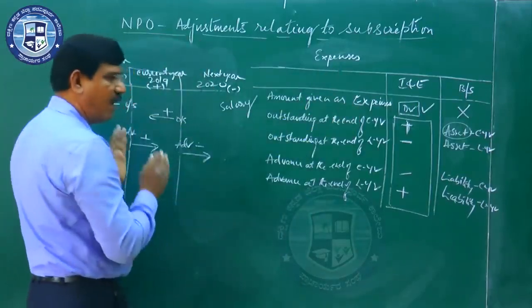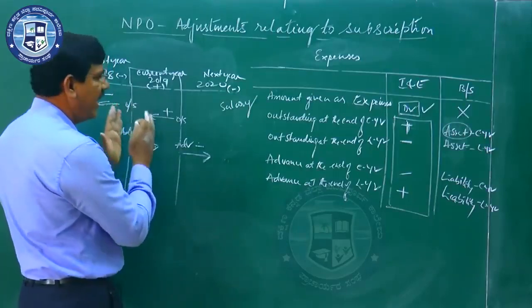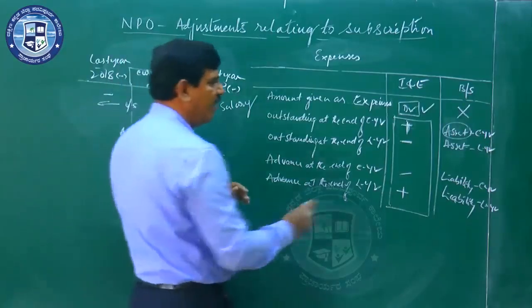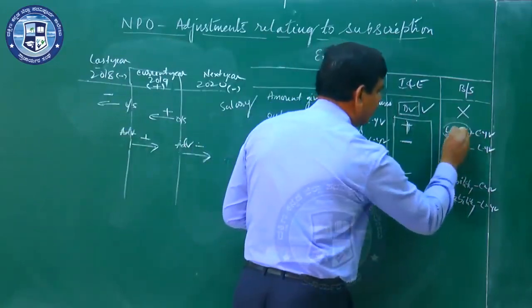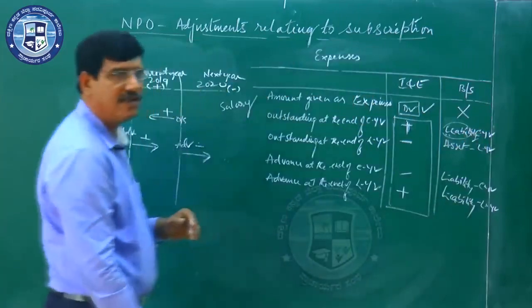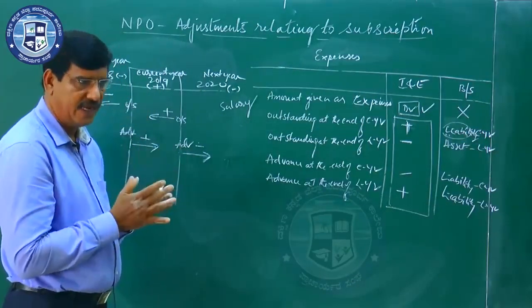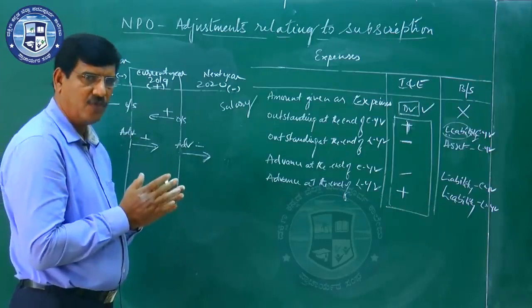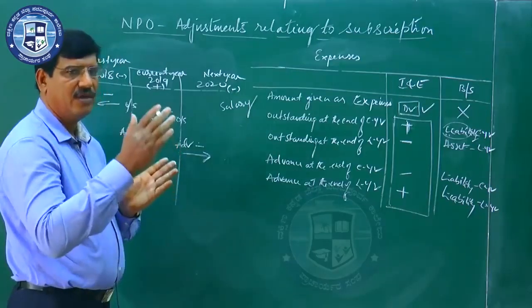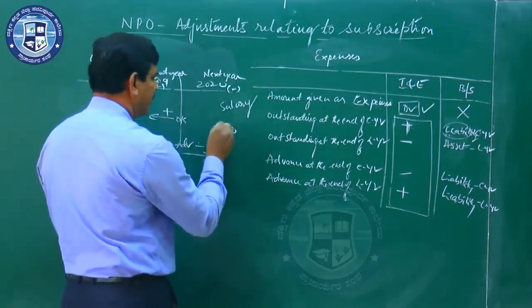Outstanding items. All the outstanding items, they have to be entered on the liability side of balance sheet. What is the logic behind this? Outstanding expenses, for example, salary. You are supposed to pay the salary for the entire year. Say for example 12,000.